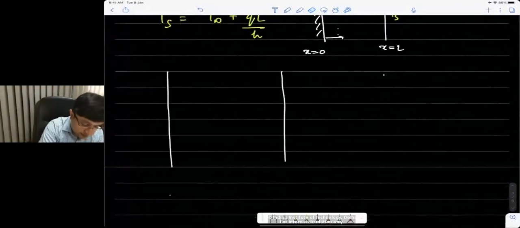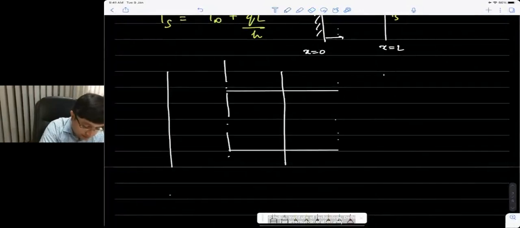So let's say the slab had some thickness 2L, and we had the center line.